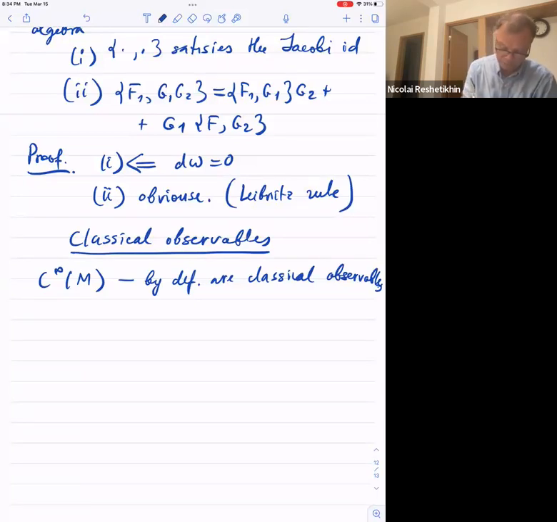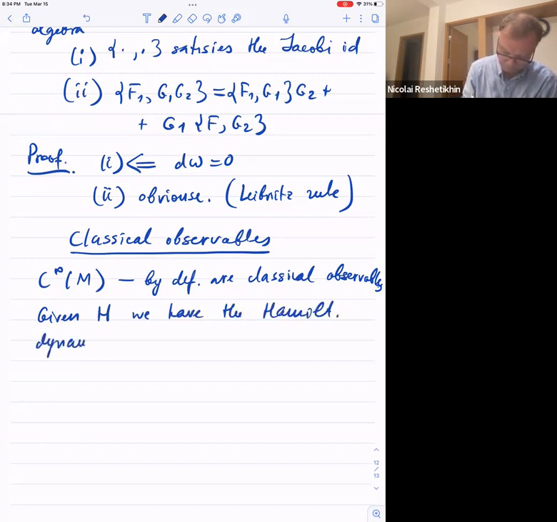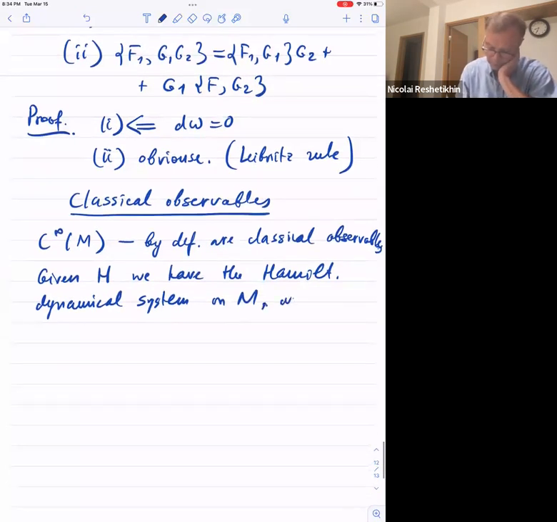So we have a dynamical system. Given H, we have the Hamiltonian dynamical system on M with trajectories x(t).